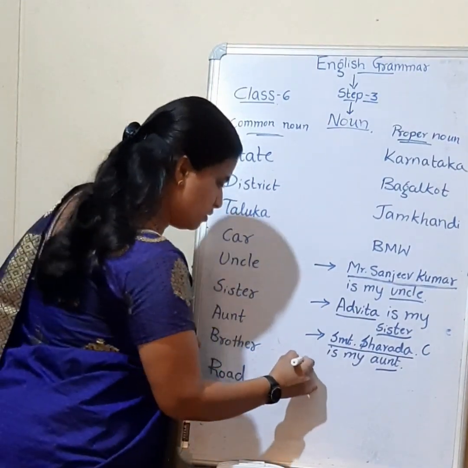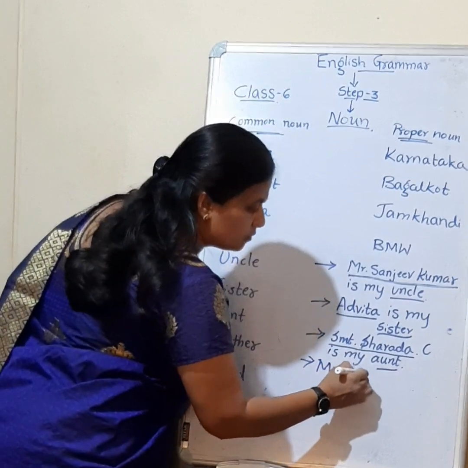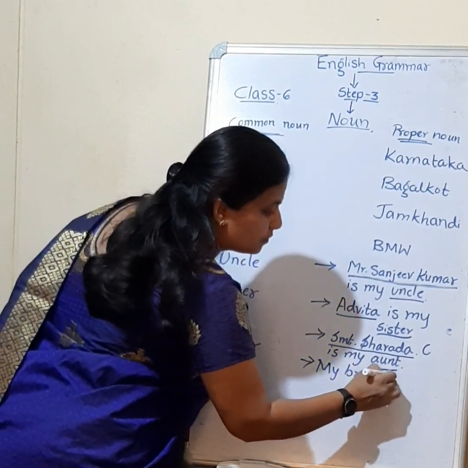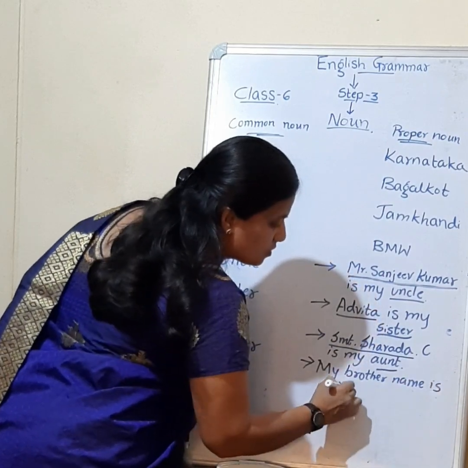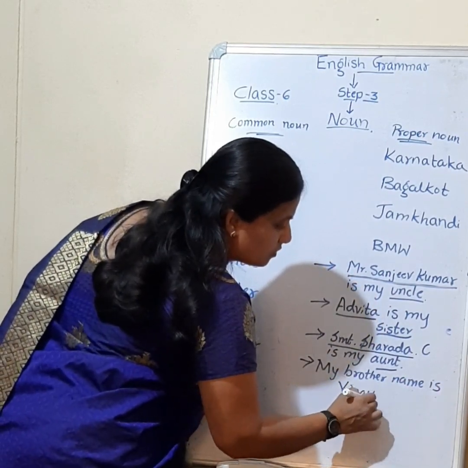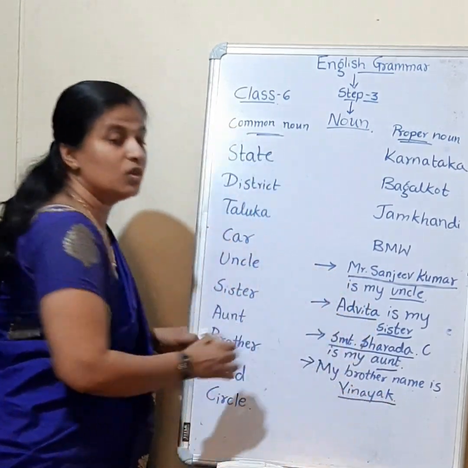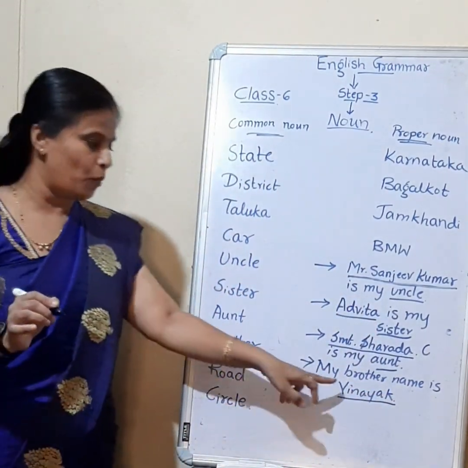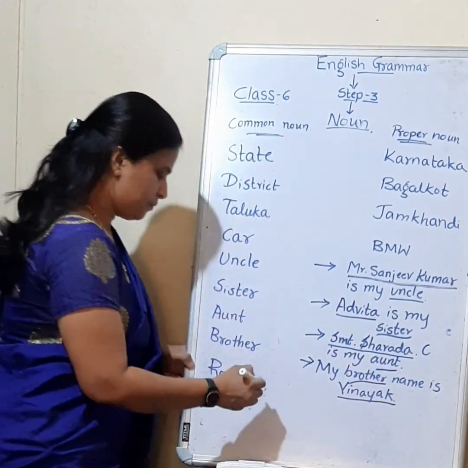So let us go to brother now. My brother's name is Vinayak. So here you can see this word Vinayak is the proper noun and brother is a common noun.